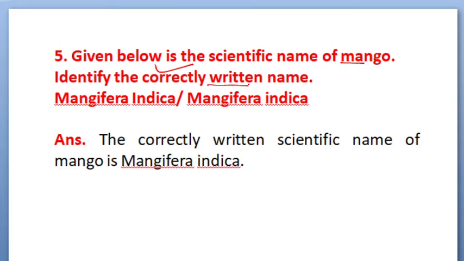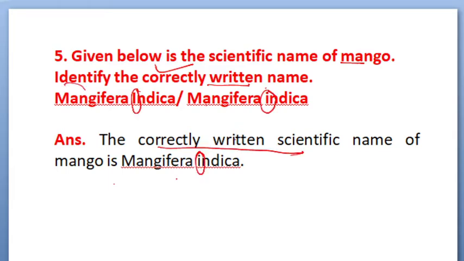Keep a view here: I is a capital letter in Mangifera Indica. This I is in small letter. So the answer is here. The correct written scientific name of mango is Mangifera indica, with I in small letter.